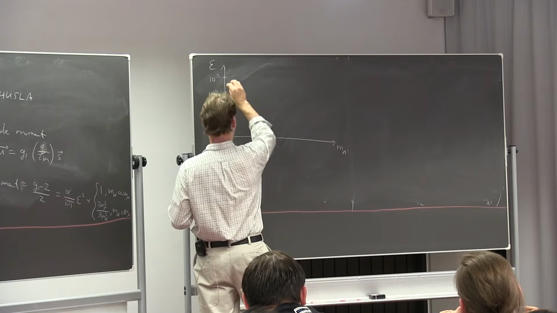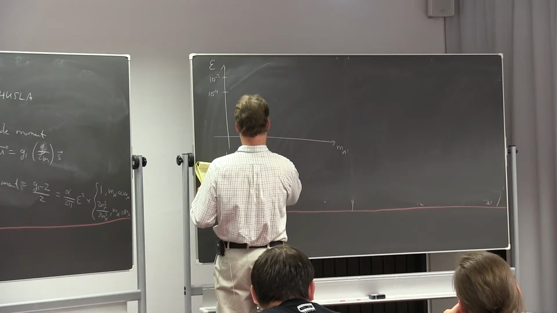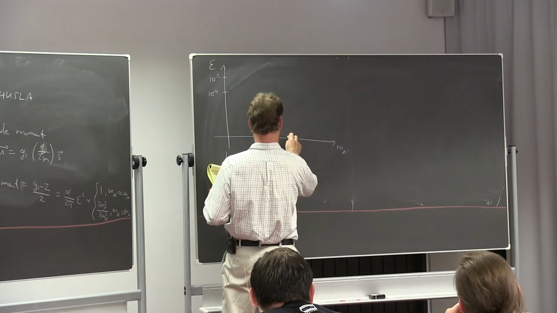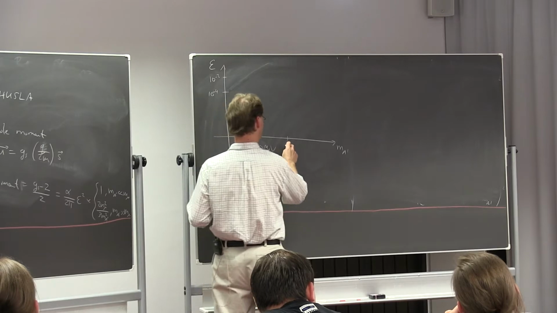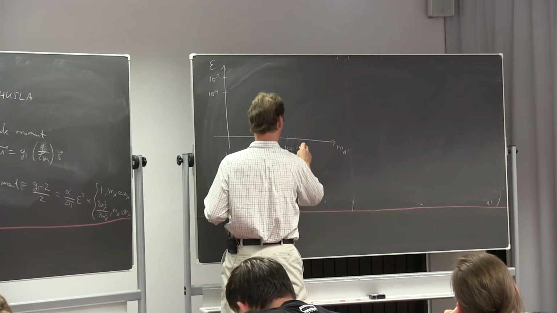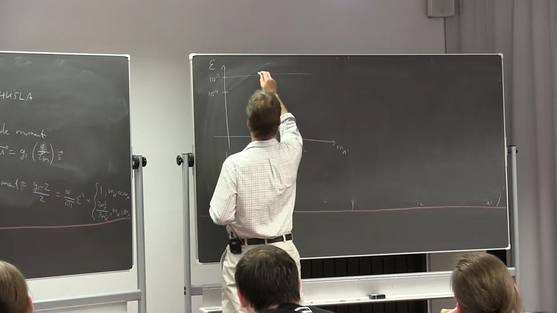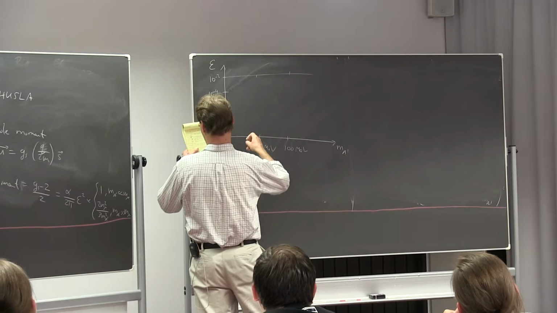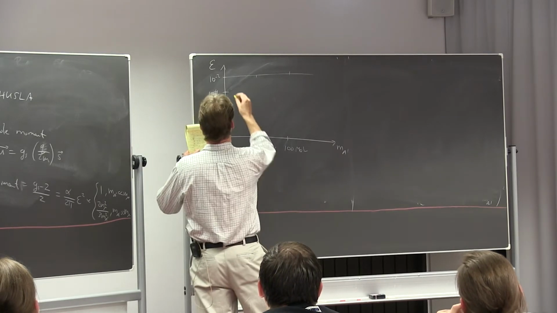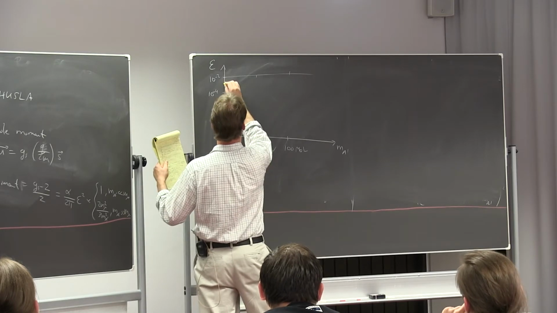So if you wanted to explain this muon g minus 2 anomaly, you want it to live somewhere here. This is going to go wrong. Okay.